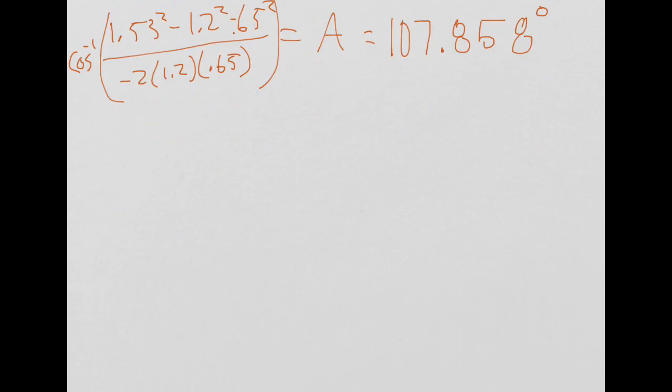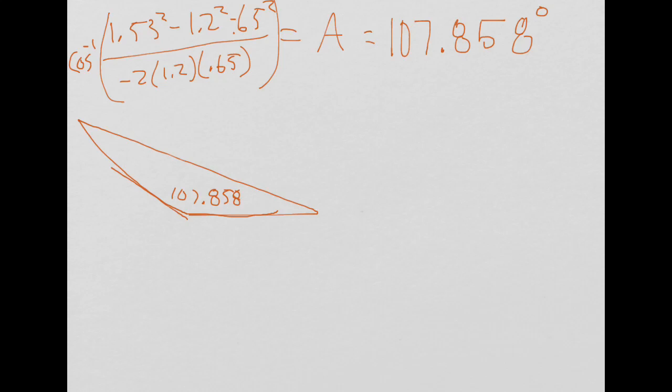which tells us that our diagram is straight crazy. This triangle should be looking more like something like that, a big old angle, 107.858. Make it close, it doesn't matter. Again, I could continue with the other triangle. It makes absolutely no difference.